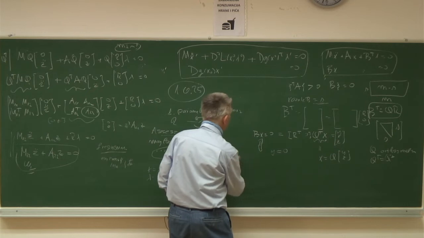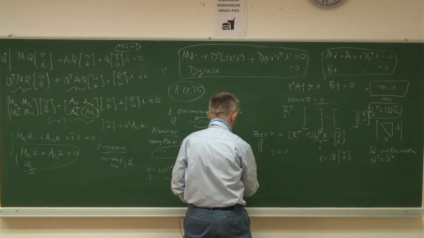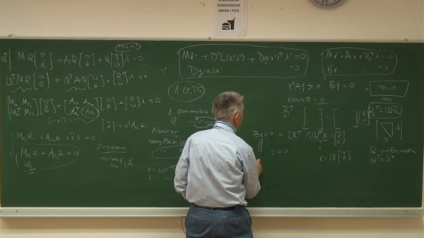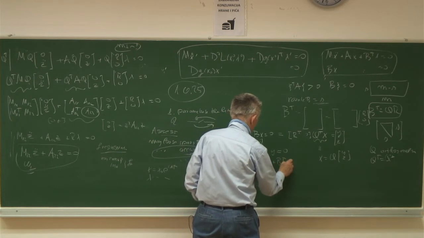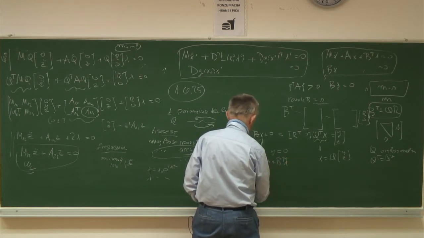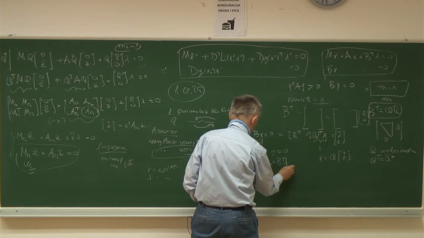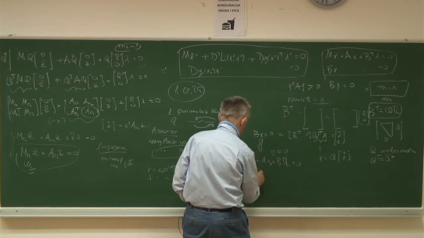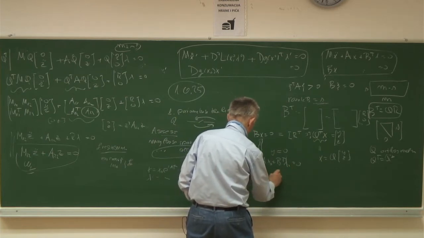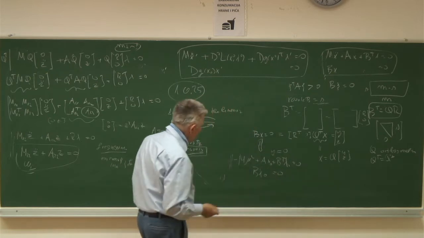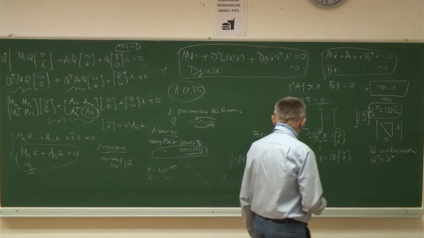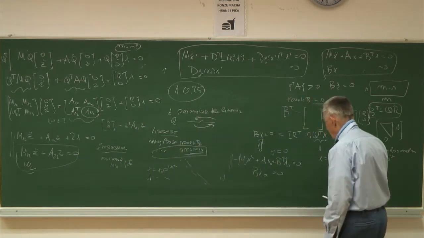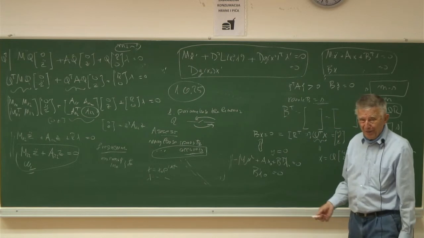Minus m mu squared plus A x plus the constraint term with lambda. But now this is a singular eigenvalue problem.